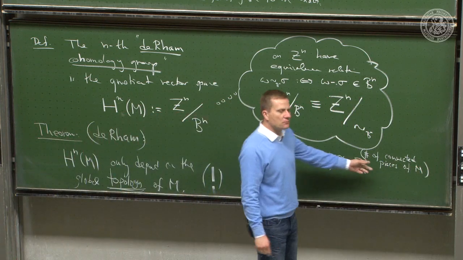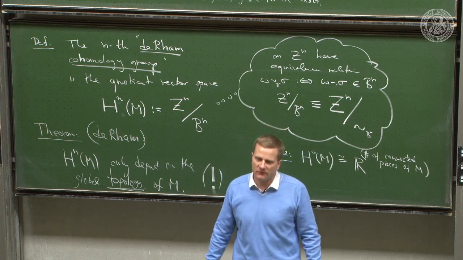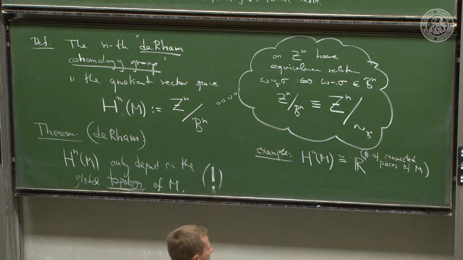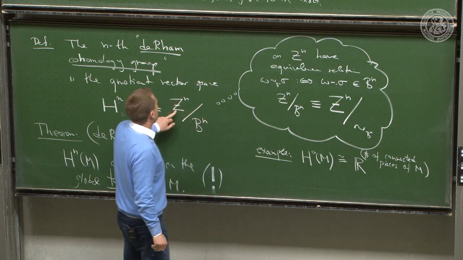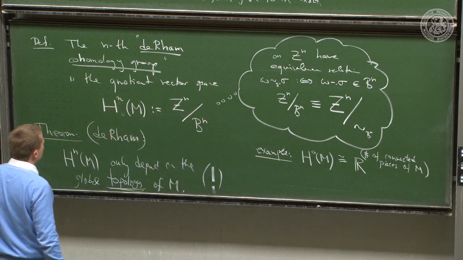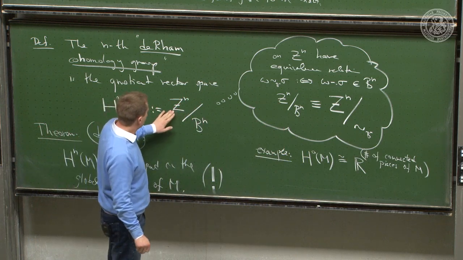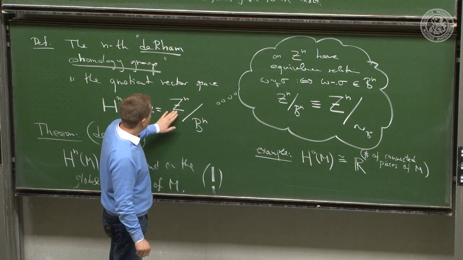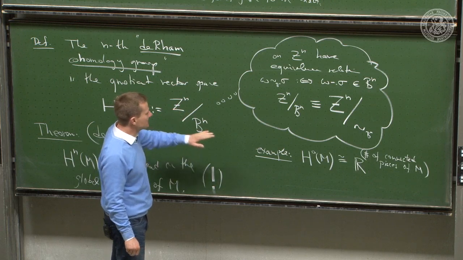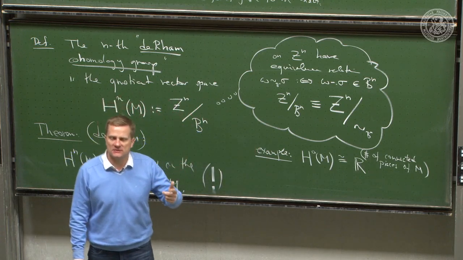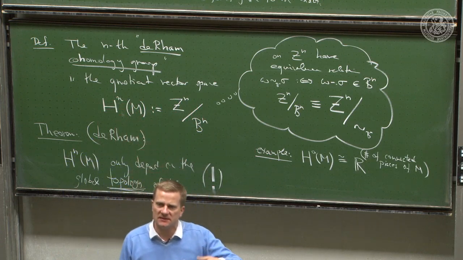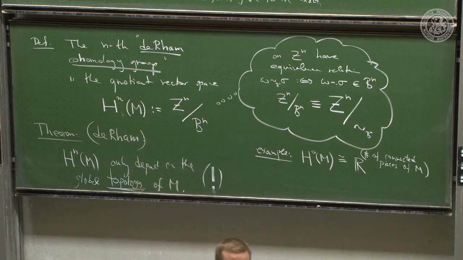And that's very easy to prove if you think about what the exterior derivative does. A form is closed if its exterior derivative vanishes. But the exterior derivative of a zero form, of a function, is the gradient of the function.